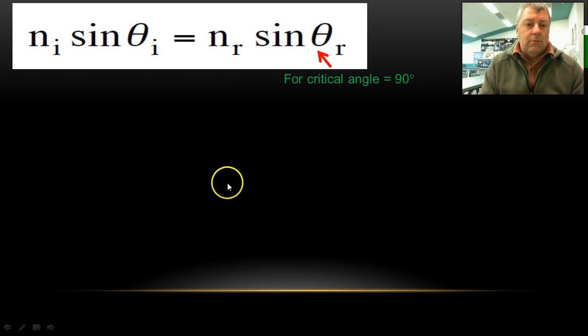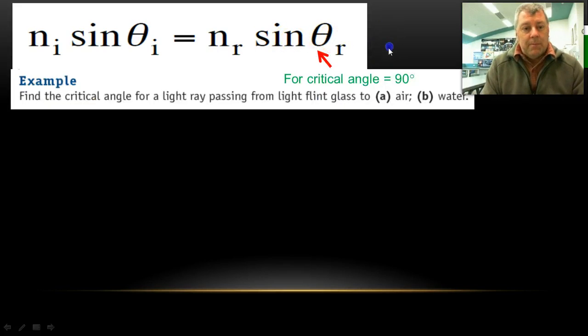Now, according to Snell's law, which is what we're using because we're talking about refraction, we can apply Snell's law, recognizing that the angle of refraction for a critical angle just has to be 90 degrees. What's the sine of 90? It's going to be 1. Now, let's do a couple of examples. So light, in this case, is going from light flint glass to air, and then also light flint glass to water.